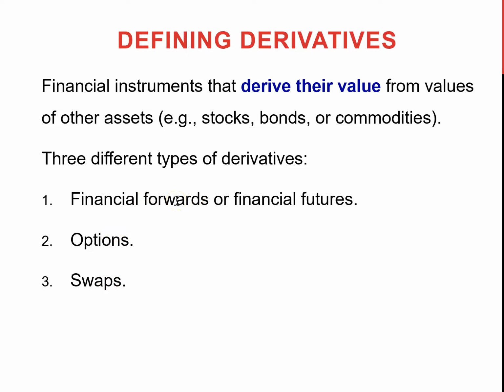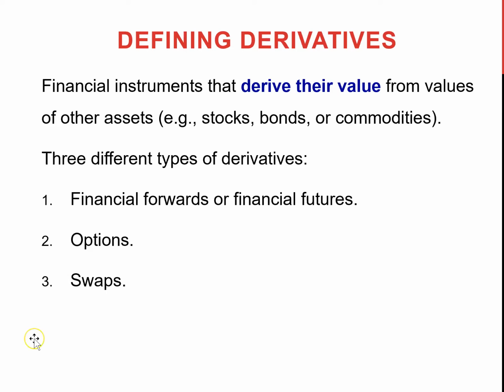A forward is an obligation. When you sign the forward contract, you are obligated to buy that stock at that price. On the other hand, options are just optional. You have the right, if you want, to exercise the option and purchase the stock at a certain price. If you don't want to, then you don't need to.